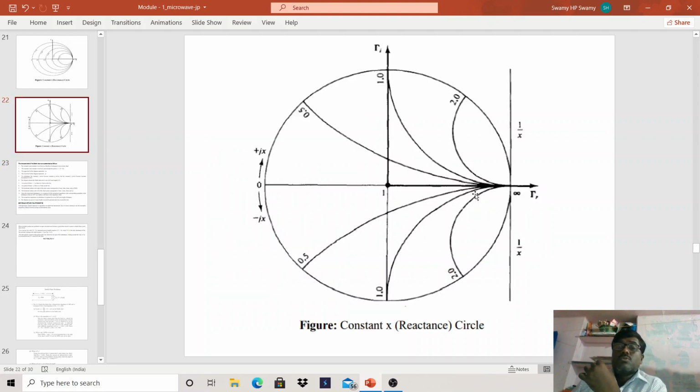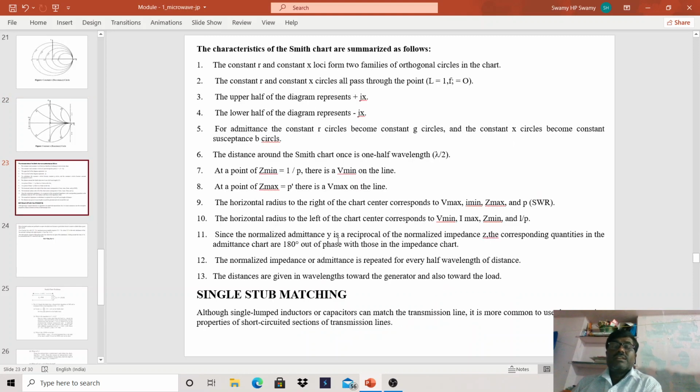In the left half, it is V minimum, I max, Z min, and 1 by rho. The left side represents these.